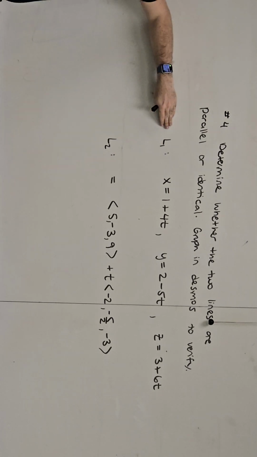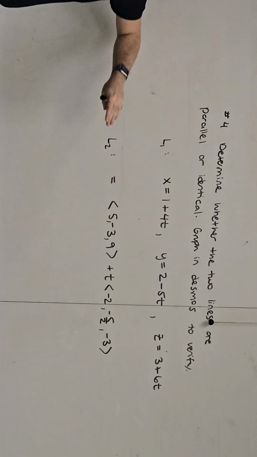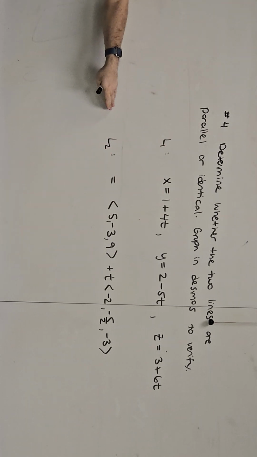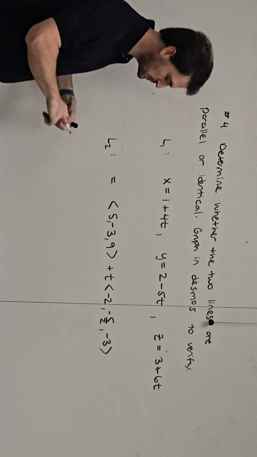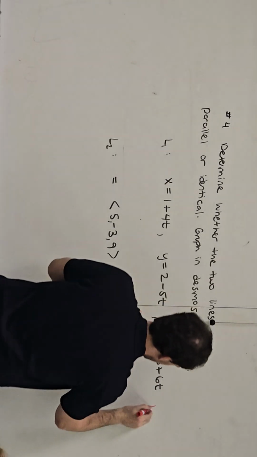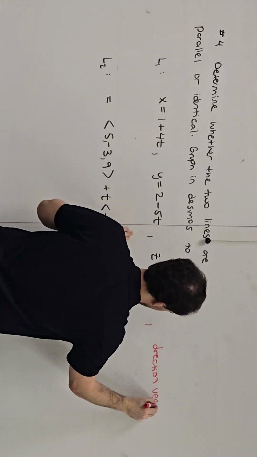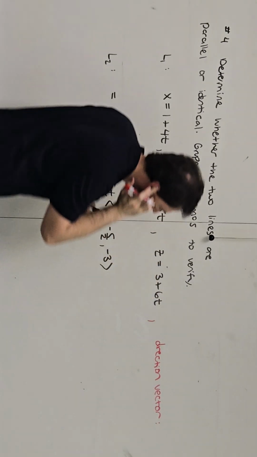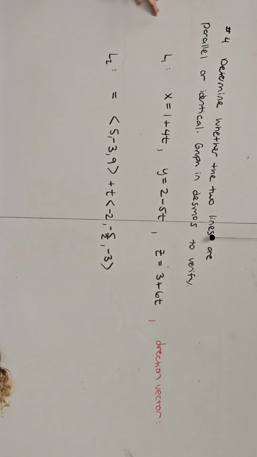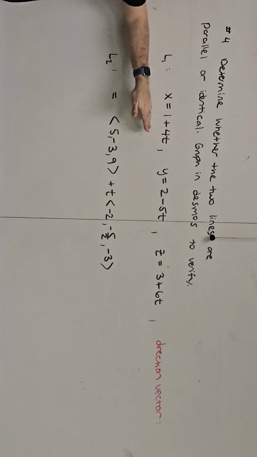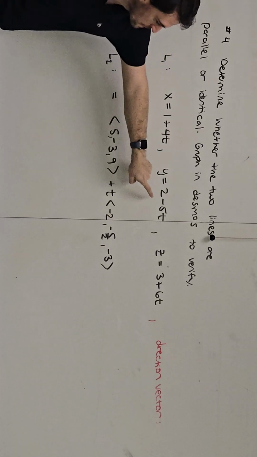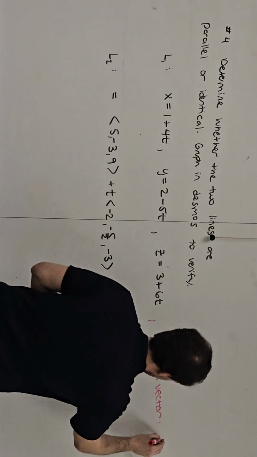So here we have a line in parametric form. Here we have a line in vector component form. I'm responsible for each of these to pull out the direction vector. So by inspection, we need to be comfortable enough looking at these equations that we recognize that the direction vector is 4, -5, 6.